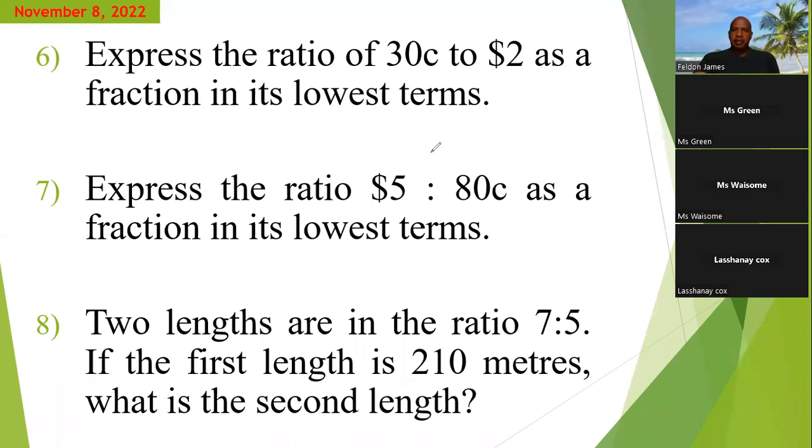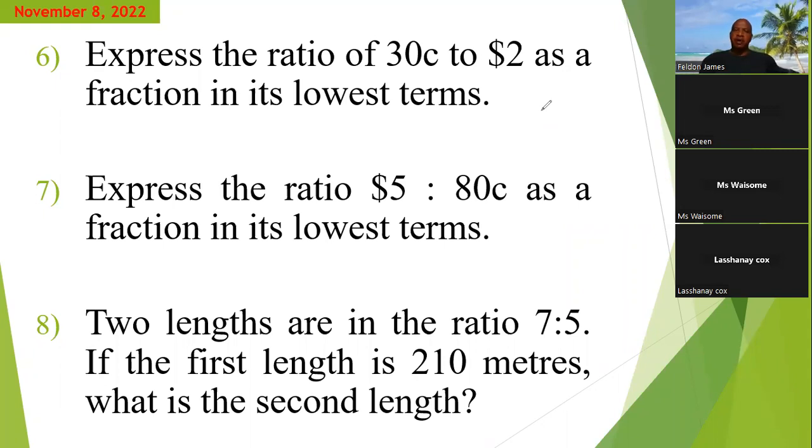Yes, sir, but I don't really understand how you convert the dollars into cents. Okay. Well, if you know how many cents in a dollar, then all you need to do is to multiply the 2 by how many cents in $1. How many cents make a dollar, Miss Fox? 100, sir? Yes, 100. And if you have $2, how many cents in total would you have? 200, sir?